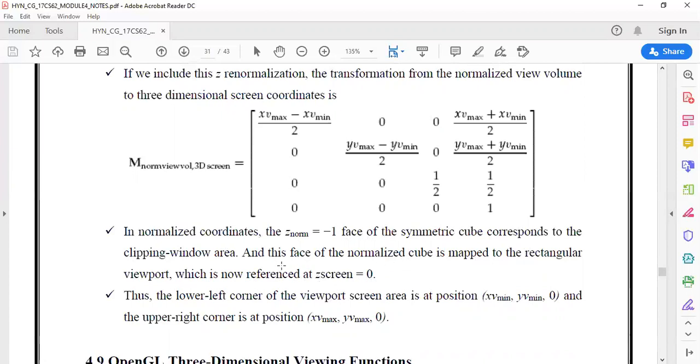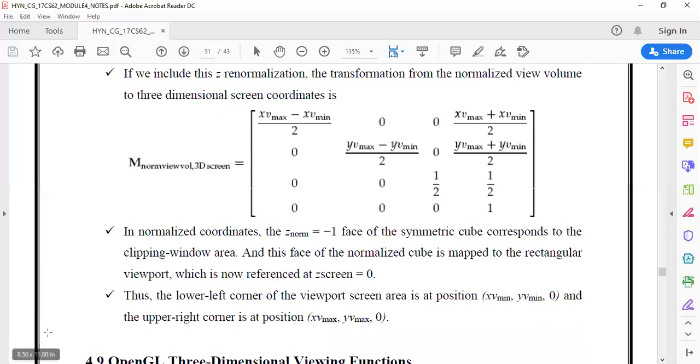That means I'm converting my normalized coordinates to my screen coordinates. So I'm taking my z screen as 0, right? The viewport screen area will have xv min, yv min, 0, and xv max, yv max, 0, because my viewport is two-dimensional. Till now we had a 3-dimensional normalized projection, and we have to convert it into a screen coordinate.